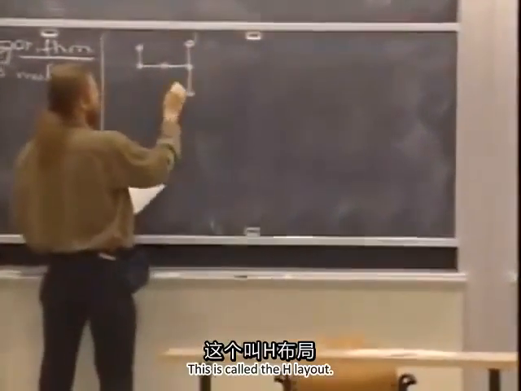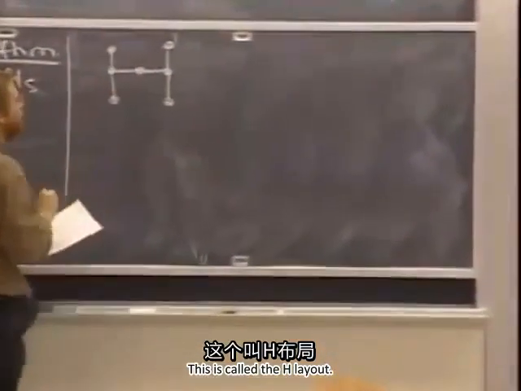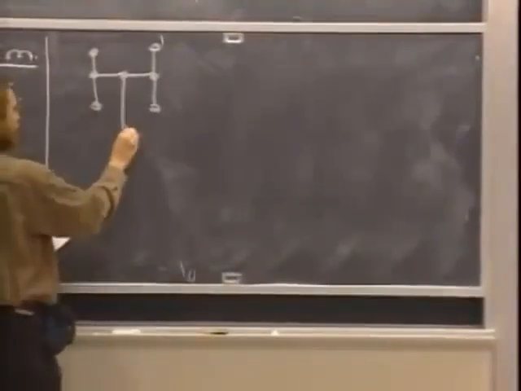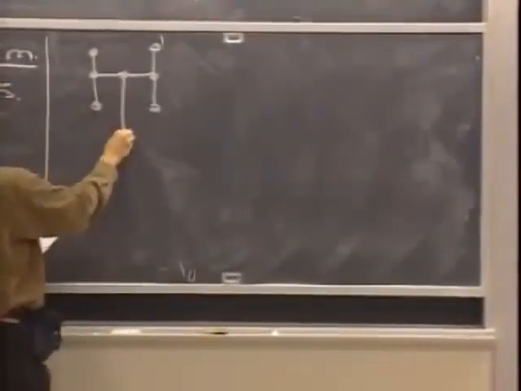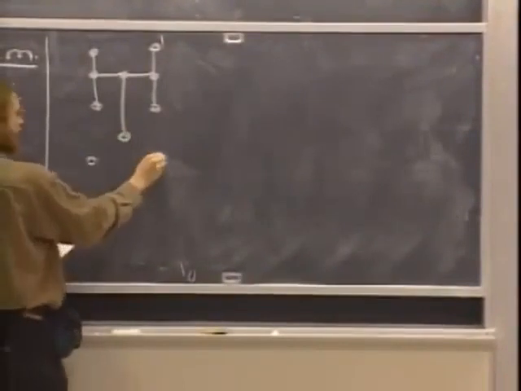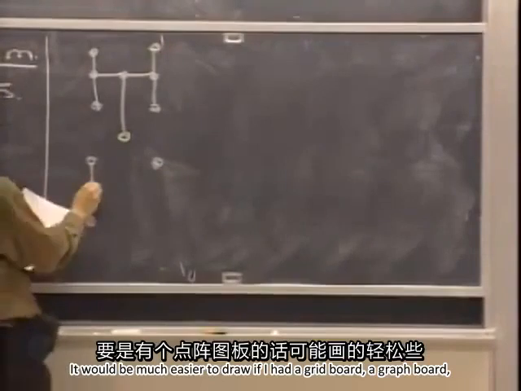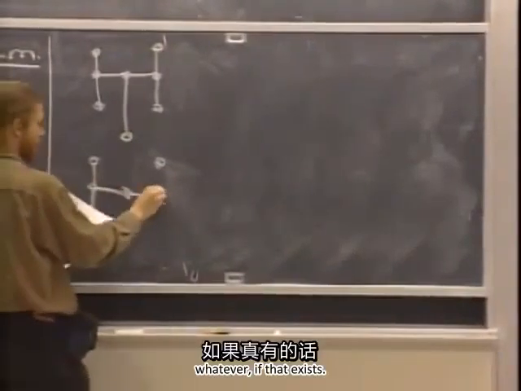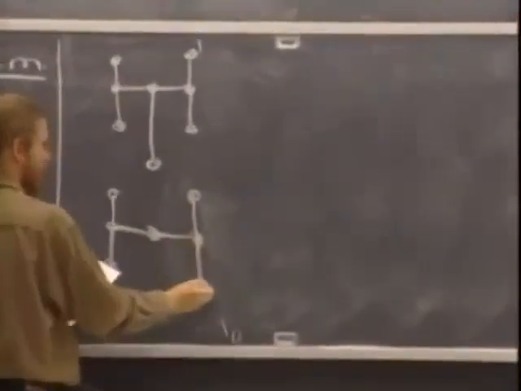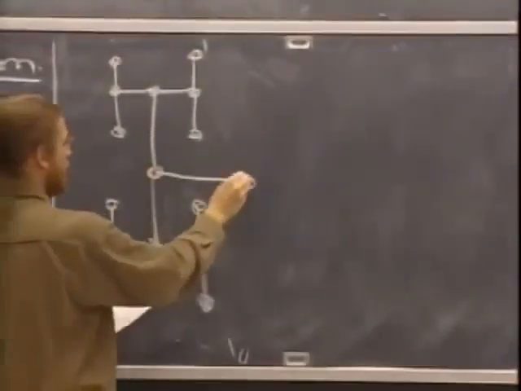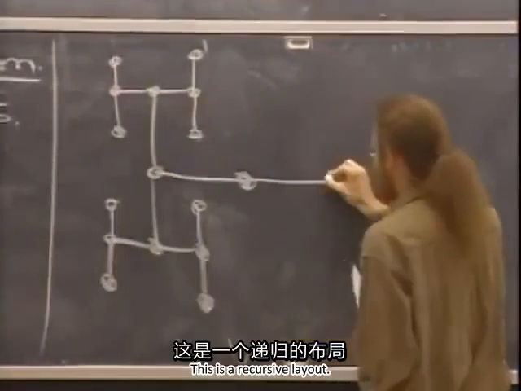This is called the H layout. You can imagine why. It'd be much easier to draw if I had a grid board, graph board, whatever, if that exists. Okay, this is a recursive layout.